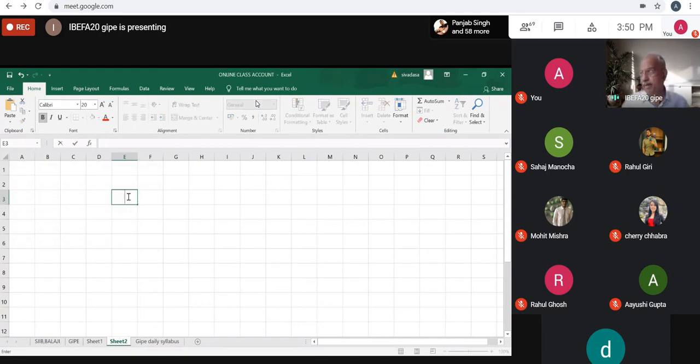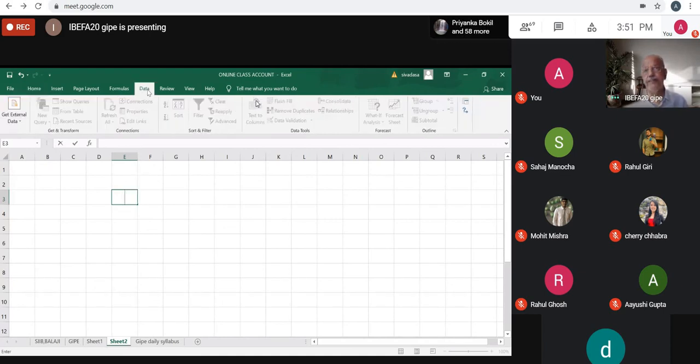Second, in Excel, under the Data option, you will have some more things available. That is what I am explaining now.